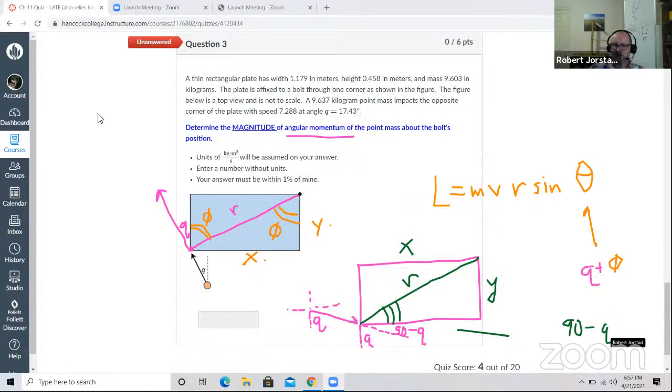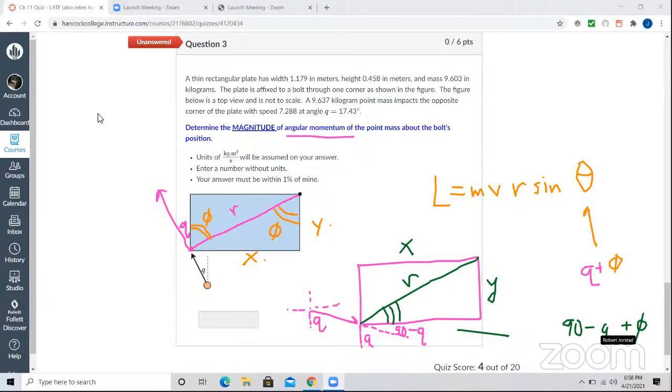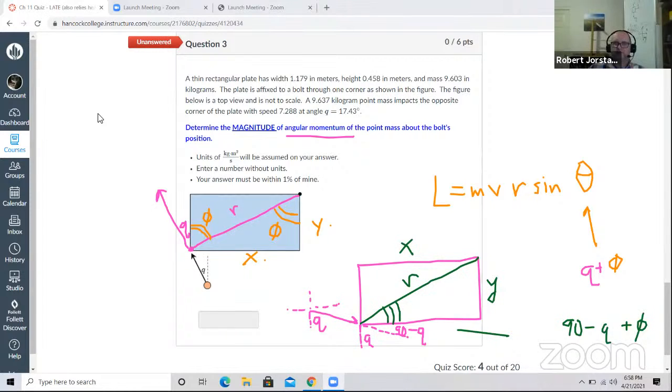Depending on how you had to work this out, it might look something like that. Is that okay? Yes. All right. So that's how you could do that.